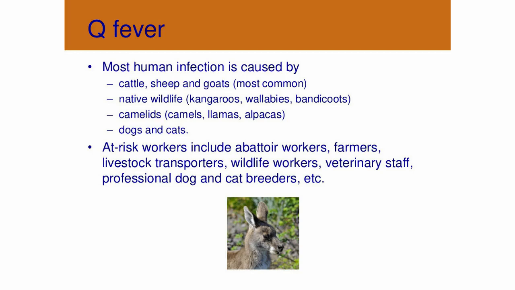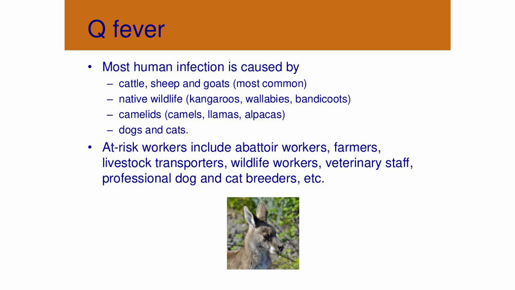Infection can also occur from native wildlife, particularly macropods, which are your kangaroos and wallabies, but also bandicoots. So at Workplace Health and Safety Queensland, we've seen a slow but steady increase in Q fever notifications associated with macropods. For example, people mowing or working in areas with dense kangaroo populations.